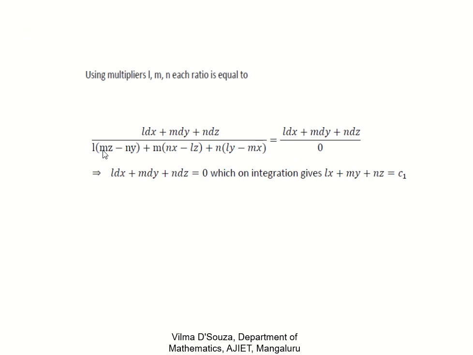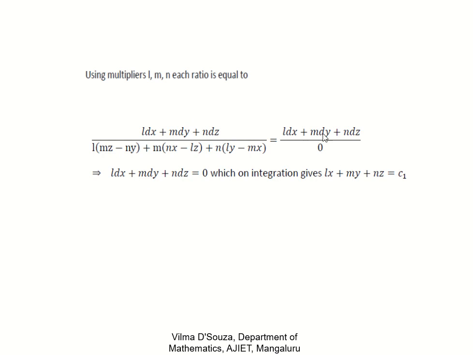In the denominator, lmz gets cancelled with minus lmz, lny minus plus lny, mnx minus mnx. So all the terms get cancelled. So 0. Numerator will be l dx plus m dy plus n dz divided by 0.